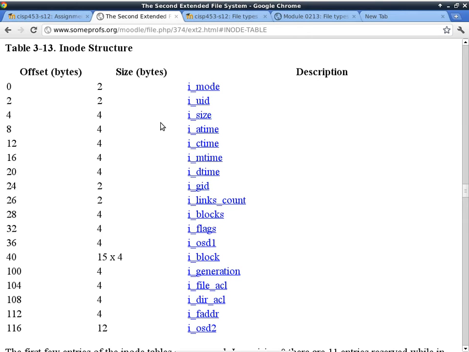Because powers of 2 are very easy to handle. How do you multiply something by a power of 2? Shifting, exactly. And that's why these entries, if it's not originally a power of 2, they will pad it to become a power of 2, because this way we can compute the offsets very conveniently.